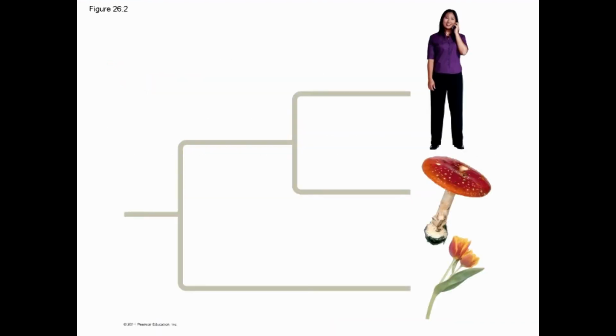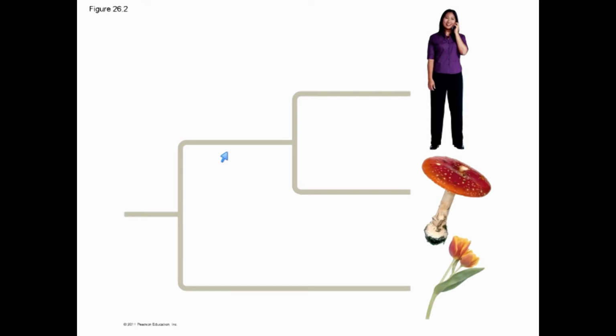Here we have a phylogenetic relationship showing a common ancestor here at the base of our tree. And as we look at the branches of our tree, we can see the kingdom Plantae here where we have the flower. We can see the kingdom Fungi, the kingdom Animalia. Now looking at this particular tree, the kingdom Plantae is on a branch all by itself.